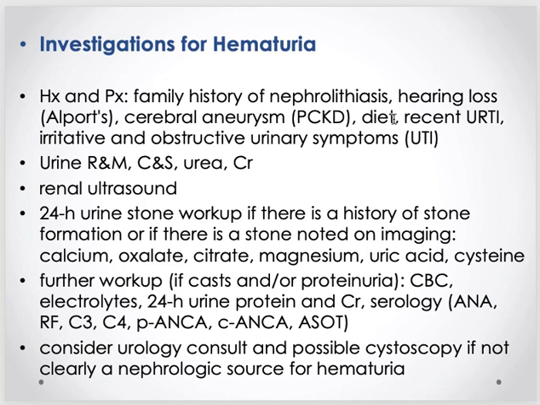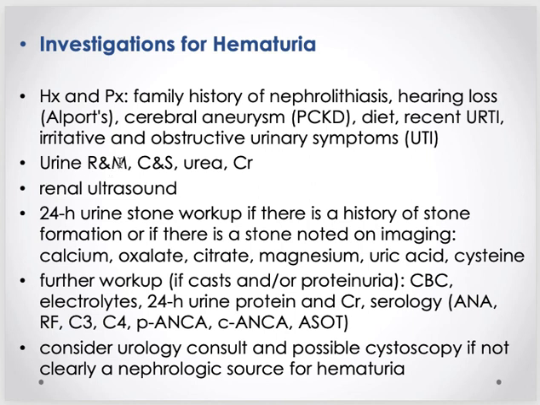We ask about the diet, beetroots, any other dye containing diets, recent upper respiratory tract infection to check for HSP, and irritative and obstructive urinary symptoms to check for UTI, prostatitis, prostate, all these things. Of course, I did not talk about the complete history. If someone has hematuria, the first questions you will ask are when it started, how it is progressing, whether it is coming mixed, at the start, or at the end, and questions like this, right?